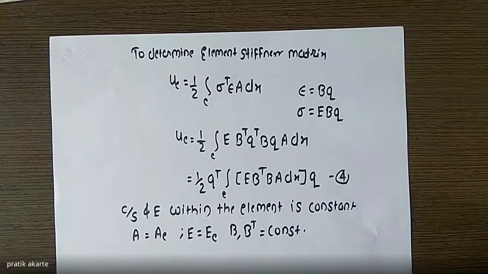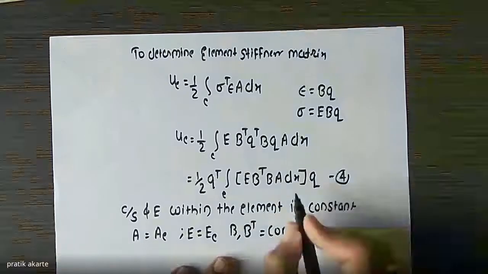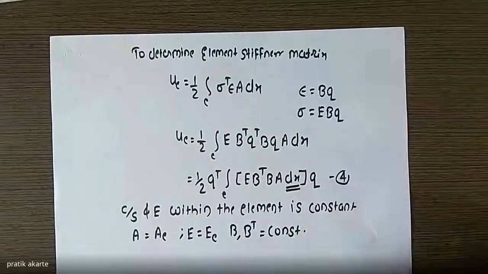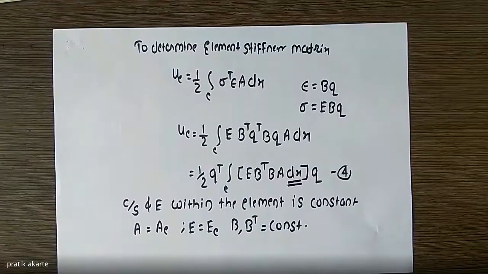Moving forward, let us concentrate on this dx. dx is the small length on which we are finding the strain energy and work potential. Based on our previous discussion, x is a quantity in global terms, and we always try to convert x into the natural coordinate system, that is, zeta terms.